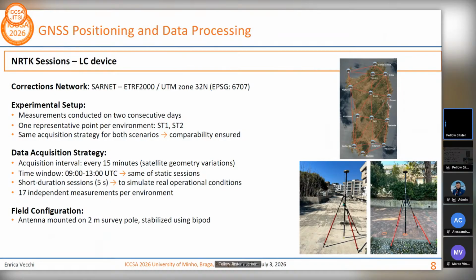For the acquisition strategy, we acquired very short sessions of about 5 seconds in order to reproduce real operational conditions where we have very short acquisitions. But in order to understand the possible temporal variability of the solution, we acquired the same position at regular intervals of 15 minutes. So we had 17 different observations for our NRTK sessions corresponding to the same point.